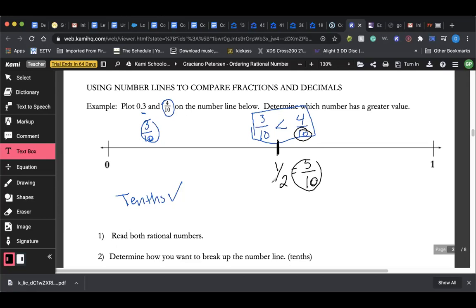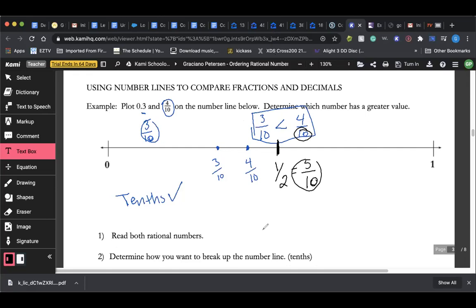So I know that 4/10 is going to come to the left of 5/10, so I can plot it. I'm going to use a different color and plot it right here. This is 4/10. And I know that 3/10 is less than 4/10, so it needs to come to the left of that, okay?